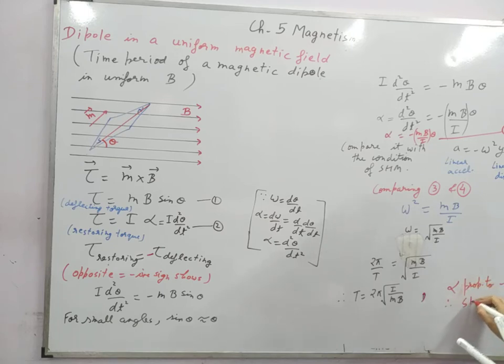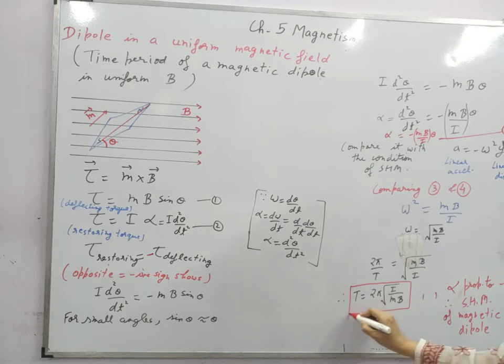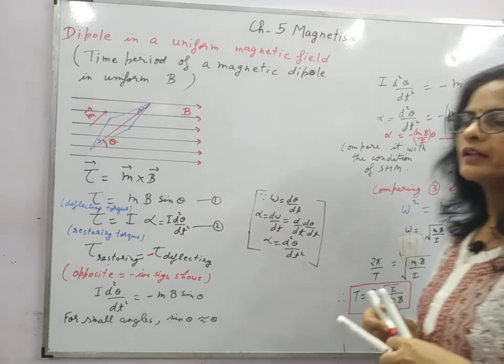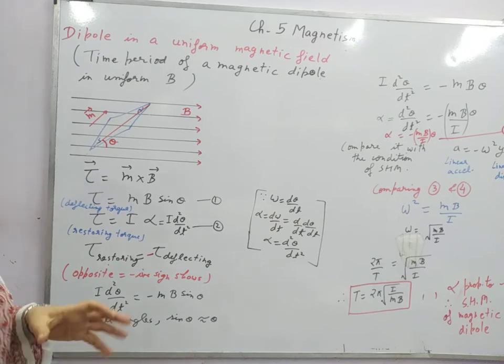Therefore SHM of magnetic dipole is taking place in uniform external magnetic field. So this is the formula for the time period of the magnetic dipole in uniform magnetic field. I hope you understood.